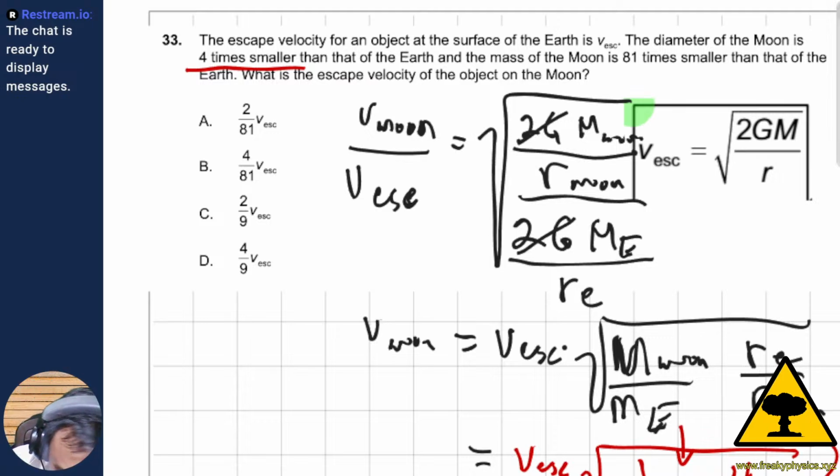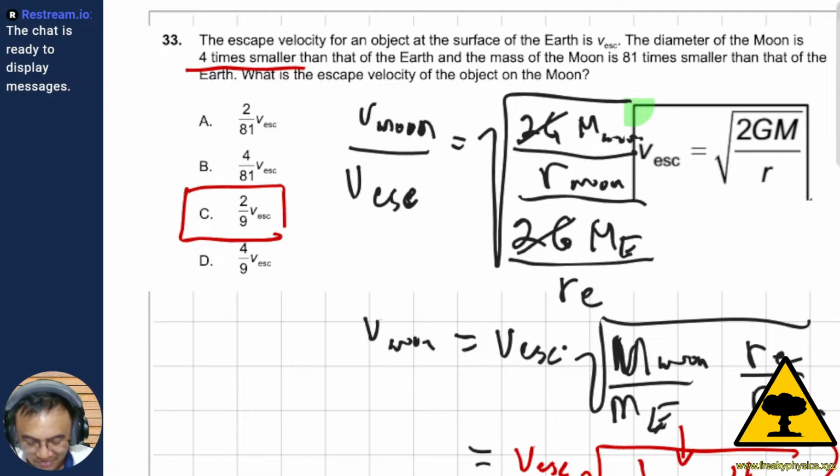You notice the numbers are perfect squares. 4 over 81, the square root of that is 2 over 9, V escape. And our final answer? C. All right, I think that's the last problem you sent over for gravity.